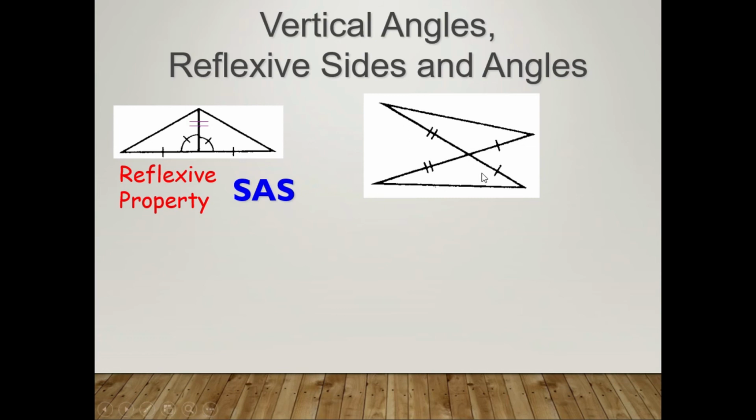So since meron tayong vertical angle sa figure na to, then we can say that these angles are congruent. Now we can already prove that these two triangles are congruent using the three corresponding parts, which are side, angle, side. So we have the SAS postulate.